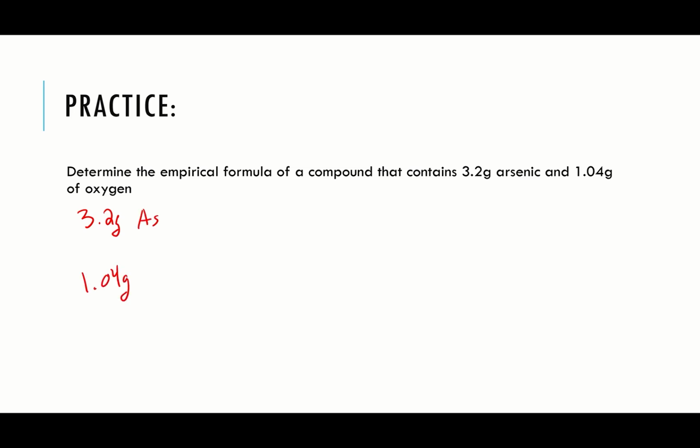Even though these masses don't add up to 100 like they did in the last example, it's not really an issue because we only needed the masses to find moles. If we've already got a mass to work with, then we saved ourselves a step. So our job is to convert these masses into moles, and then once again we're going to take a ratio. So first let's divide these by their molar mass.